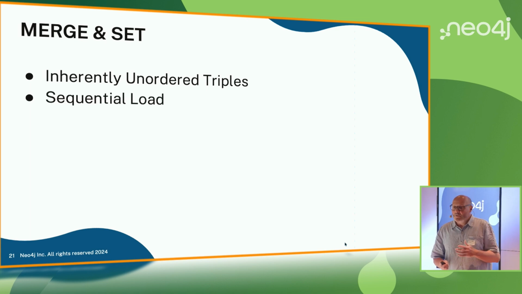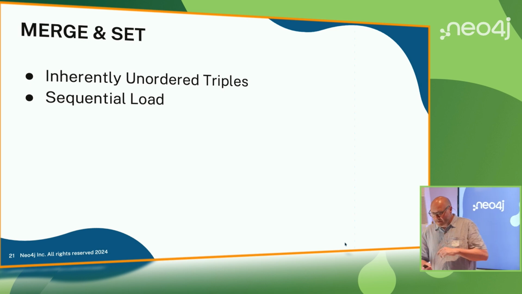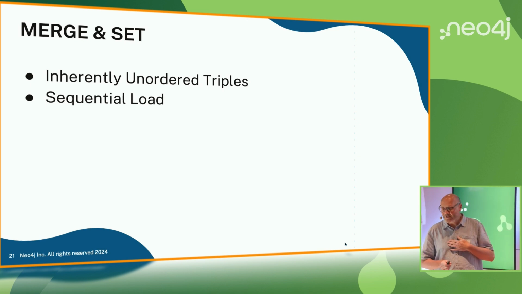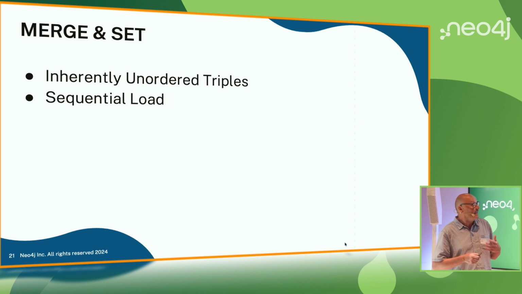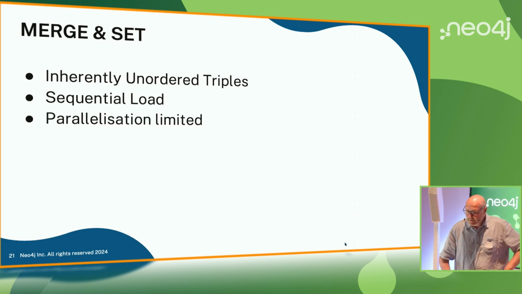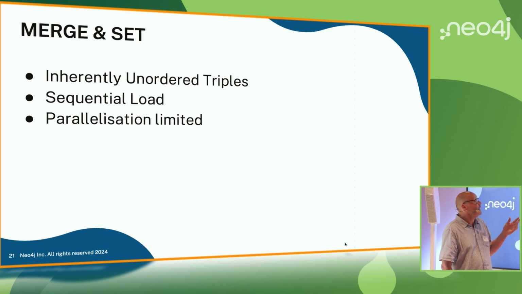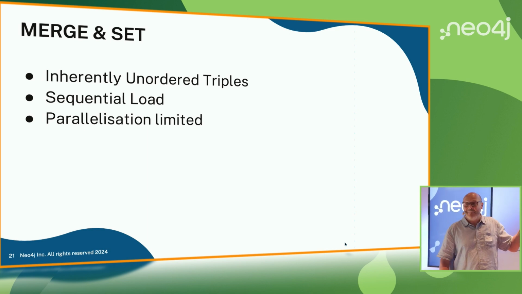So we looked to change that and use a sequential load to bring that data into Neo4j and try to speed things up. The problem is that when doing this merge and set operation, we can't parallelize the import.